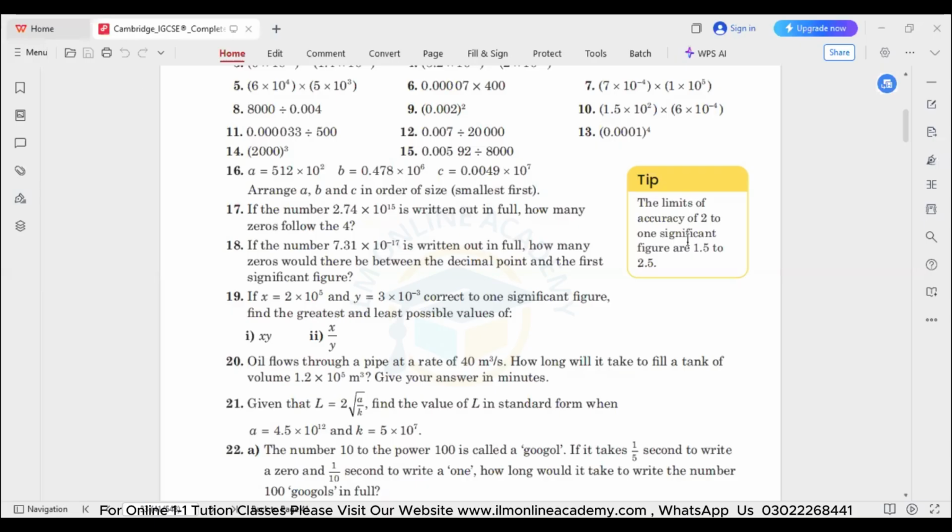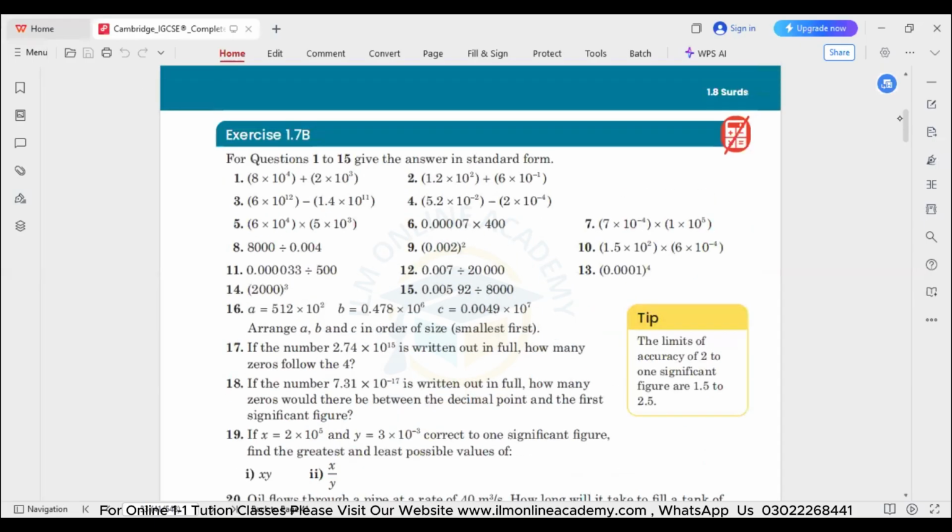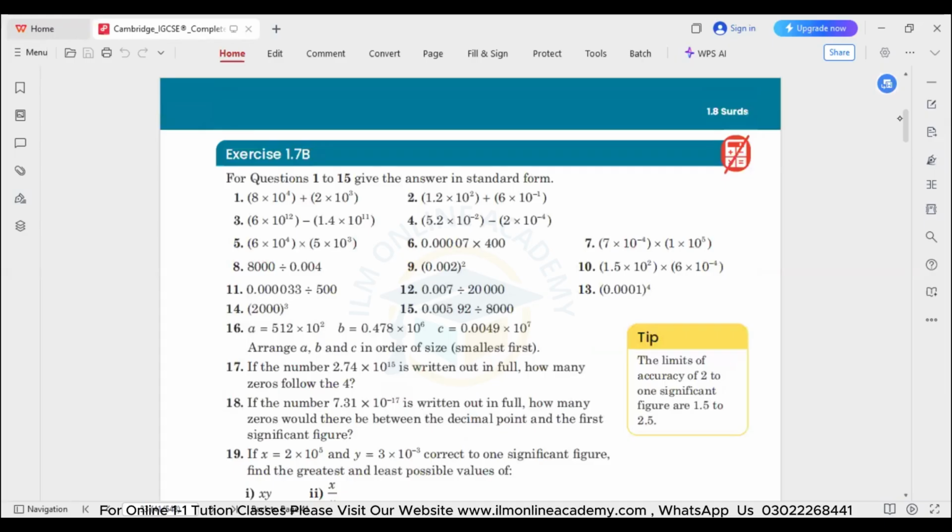So these are your starting questions. Hope these are clear up till 15. So if you want to have a good grip on this exercise, and you want to go on with these additions and subtractions quickly, you need to have a good grip on 1.7a because that is the basic exercise. Changing the number into standard form and writing the standard form into simple form, both are important things.